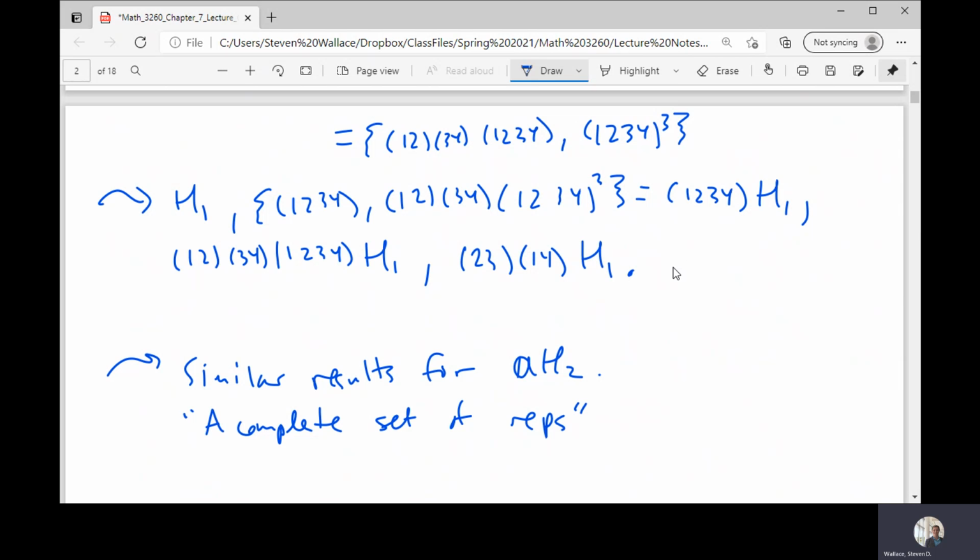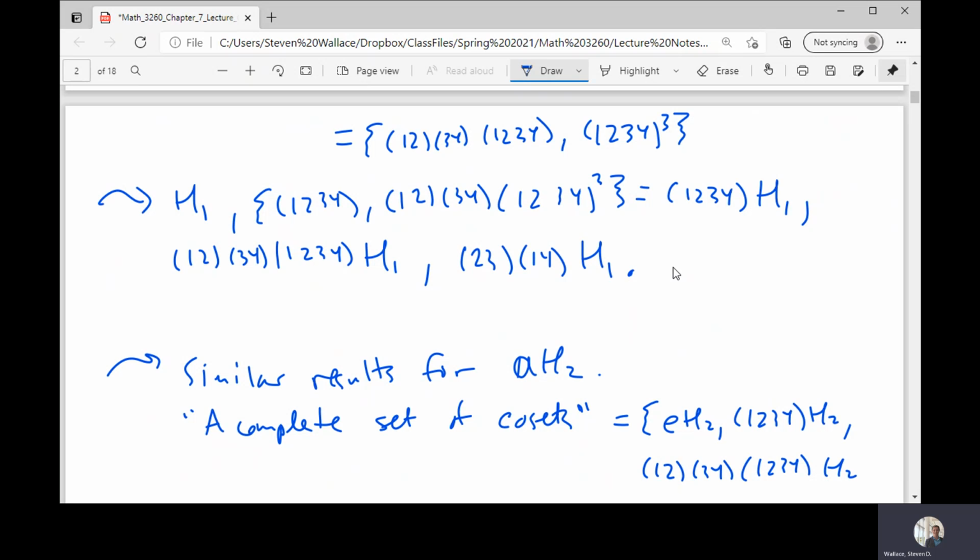I don't know, maybe I should say a complete set of cosets would be something like EH2, then probably 1, 2, 3, 4 H2, and then 1, 2, 3, 4 H2. Okay.